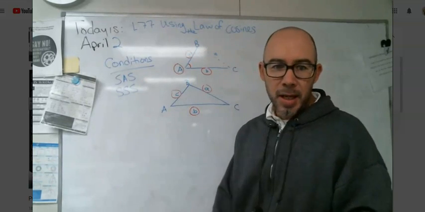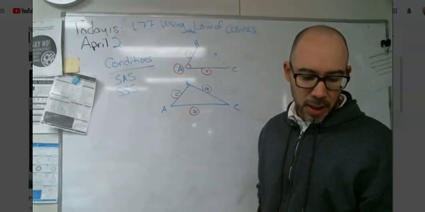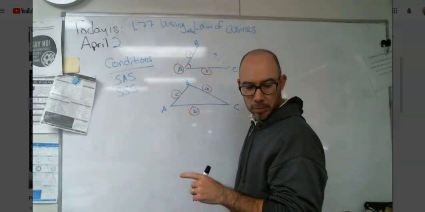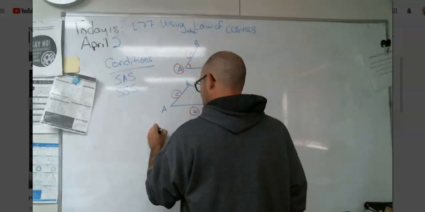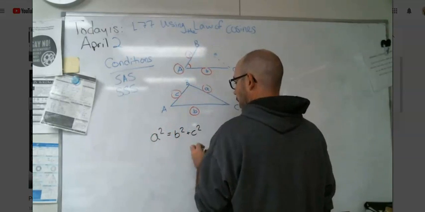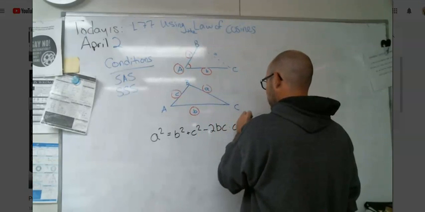Side, side, side is a really cool condition. It's a little clunky on the math here, but I'll just do it once, and then you make sure that you write down what I've got.